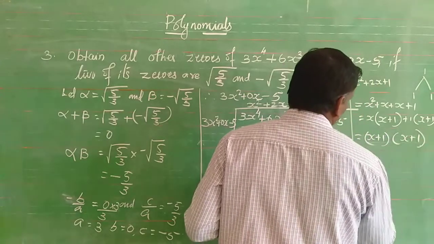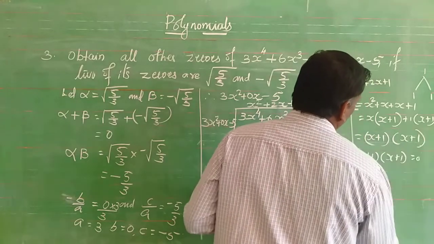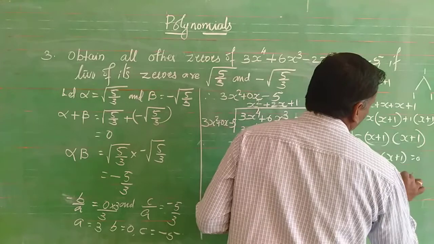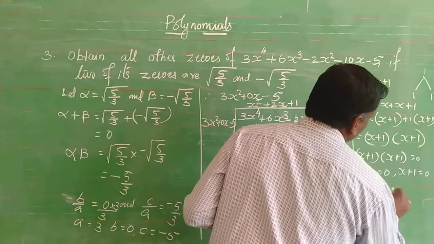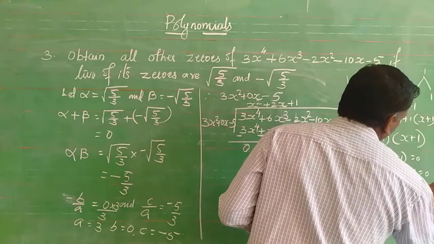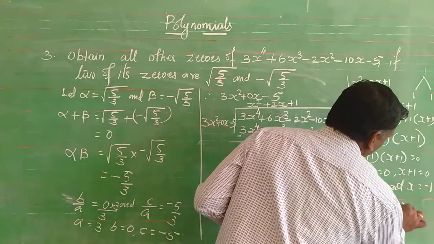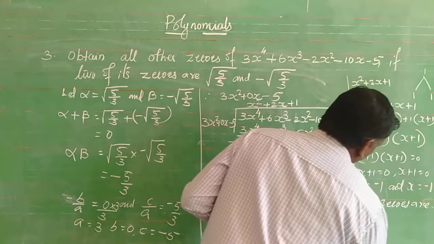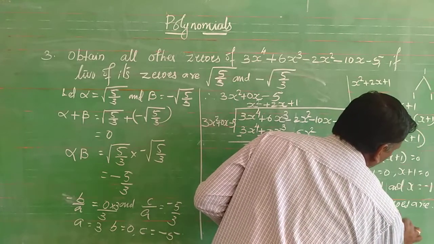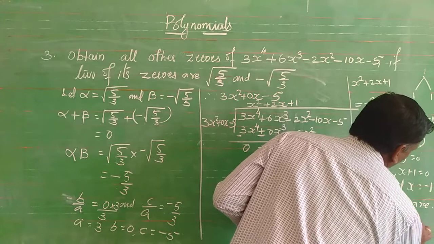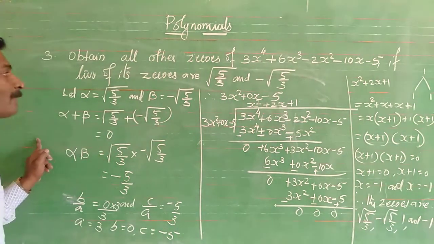Therefore, to find the zeros, x plus 1 equal to 0 and x plus 1 equal to 0, then x is equal to minus 1 and x is equal to minus 1. Therefore the zeros are root of 5 by 3, minus root of 5 by 3, 1 and minus 1. These are the zeros. It is one of the important questions.